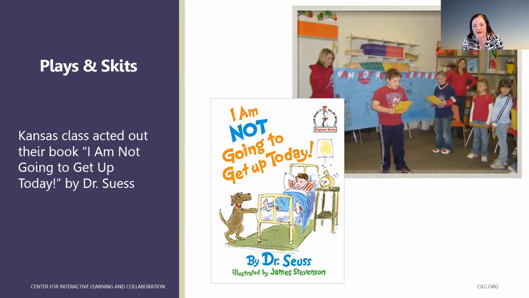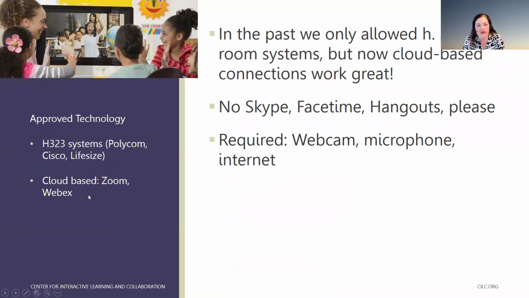So Paul, switch over to the next slide for me. Okay, so let's talk about the technology. In the past, Read Around the Planet could only be conducted with H.323 hardware. These were the codecs like Polycoms and Tandberg and Cisco and Lifesize. And those are all still good as long as they're not too old. Yesterday I heard that anything that is HDX or newer is good for Polycom.